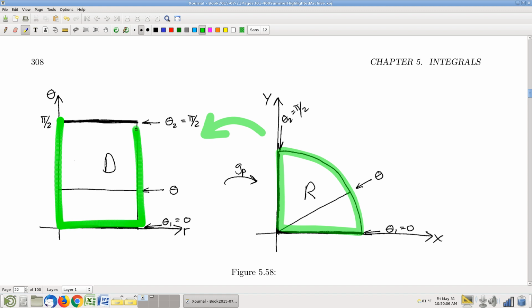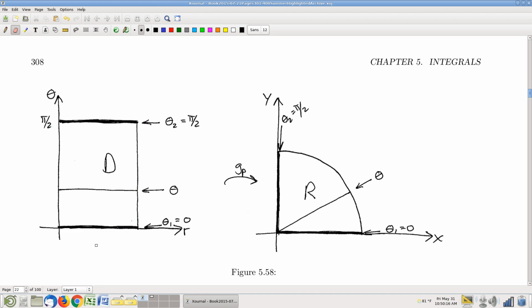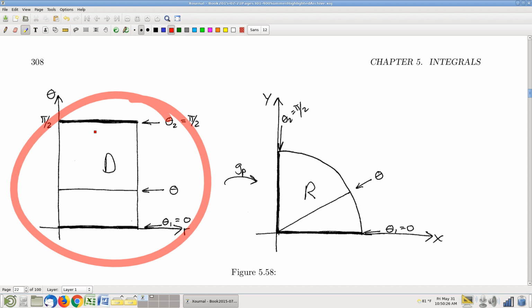We drew the pullback. We then looked at the pullback and said, okay, well on this pullback, theta goes from 0 to pi over 2, and then for a given value of theta, r starts at 0 and goes to 1, right? We did the slicing over here on this picture of our new domain.